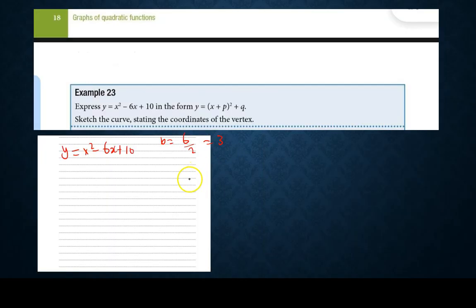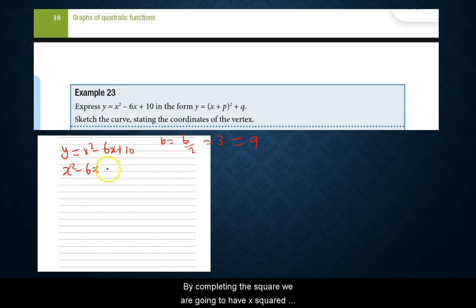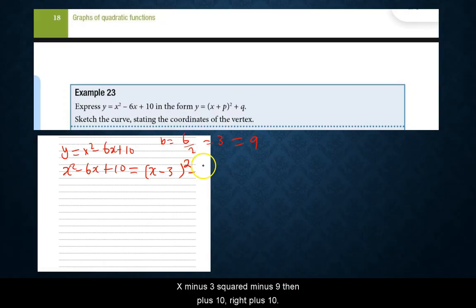Sorry about that. So we have 3 squared, which will give you 9. By completing the square, we are going to have x squared minus 6x plus 10 equal to (x minus 3) squared minus 9, then plus 10, right?